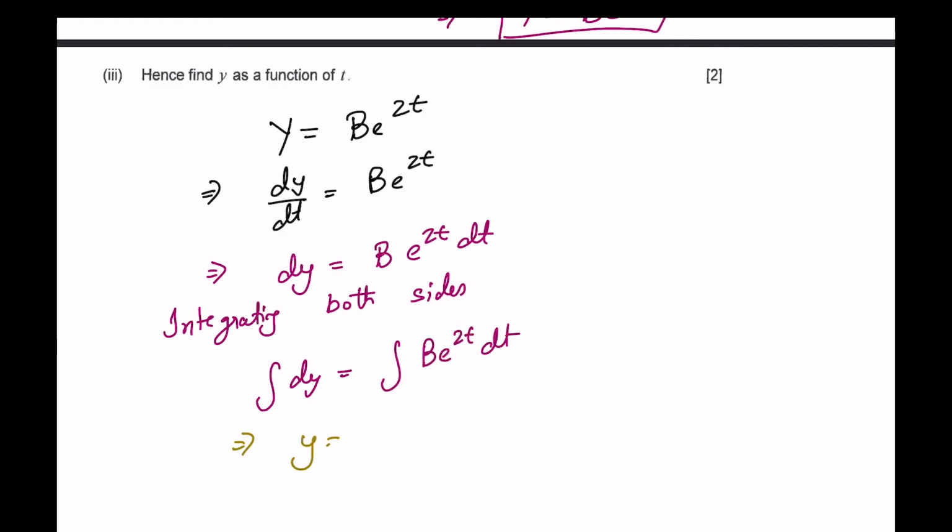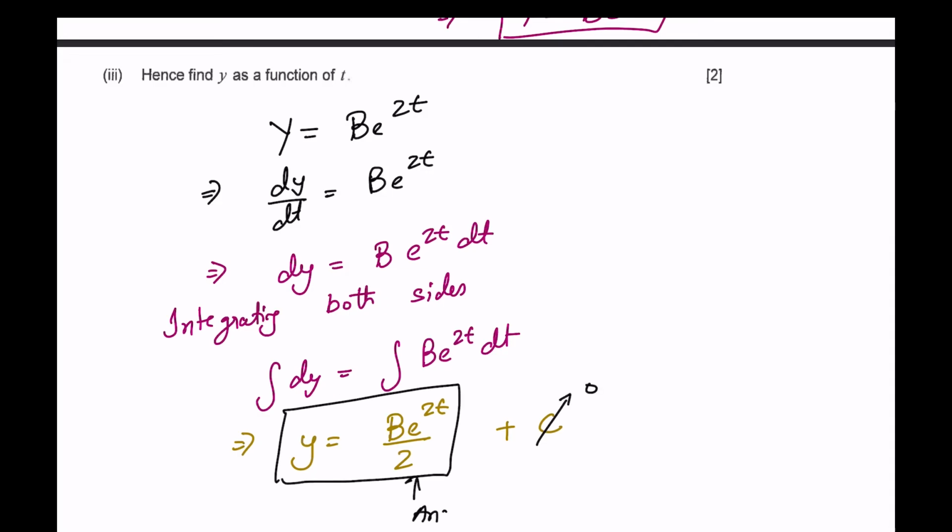So dy will become y. So this will become b e to the power 2t by 2 plus c, where c is the constant of integration. But in this case we have to assume that c is equal to 0, because if we do not assume c as 0, our next problem cannot be solved. I don't know why they haven't mentioned this in the question, but here we should assume that c is equal to 0 and y will be this value. This is the answer to this question.